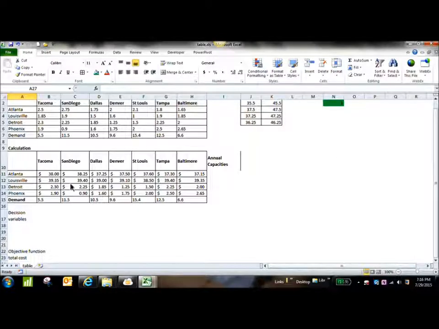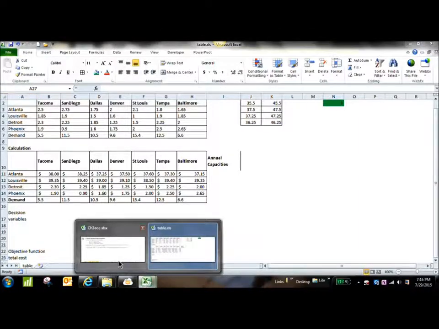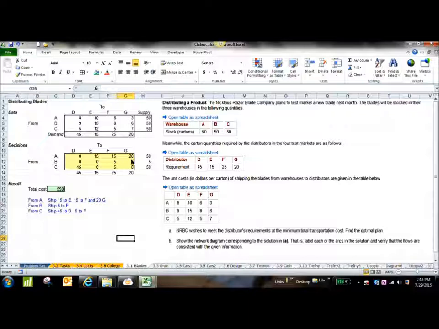So you still have to copy the grid as I showed before, and you have to put the sum function and so on and so forth. This is just a pre-calculation prior to doing anything. Let me give you an example. If I go here, see, this is the data, this is the decision variables, and this is the result.